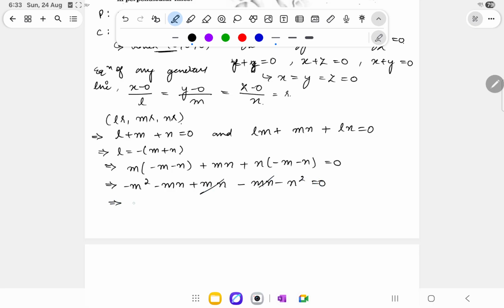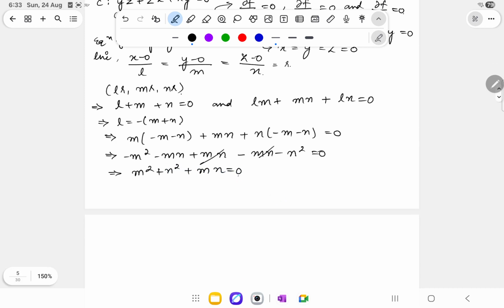So on simplifying, I'll get m square plus n square plus mn equals 0, which is (m by n) square plus m by n plus 1 equals 0.